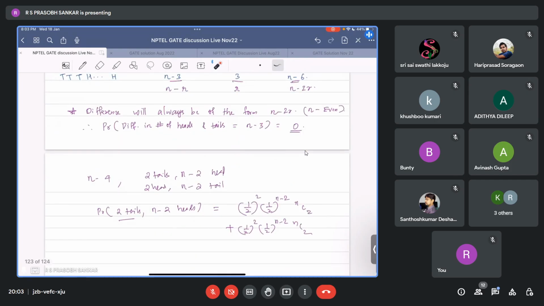That way also it could be n minus 4. So these are the two possibilities. The probability of getting two tails and n minus 2 heads is half squared times half raised to n minus 2 times n choose 2, and the other is the same thing. So just adding these will give the answer: 2 times half raised to n times n choose 2. I think I didn't make any calculation error here, but this is the idea.